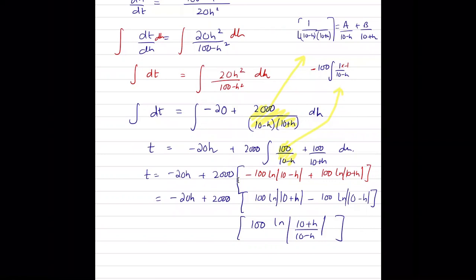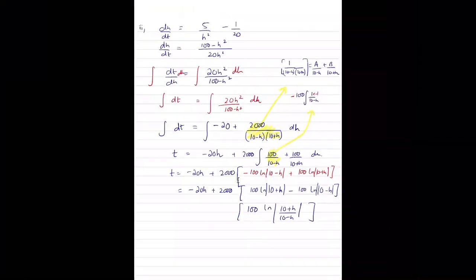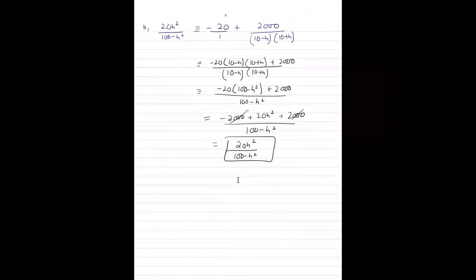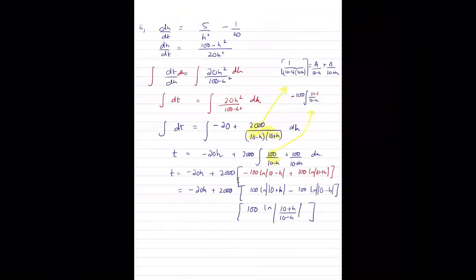Just check if there is no error being made. I'm just going to check the working before moving on. So 20h square over 100 minus h square could be written as minus 20 plus 2000 upon 10 minus h times 10 plus h, right?